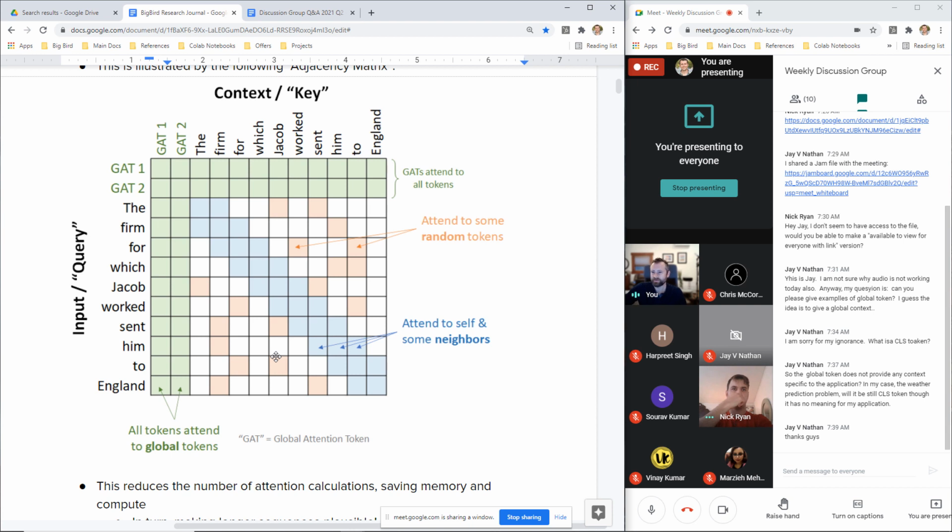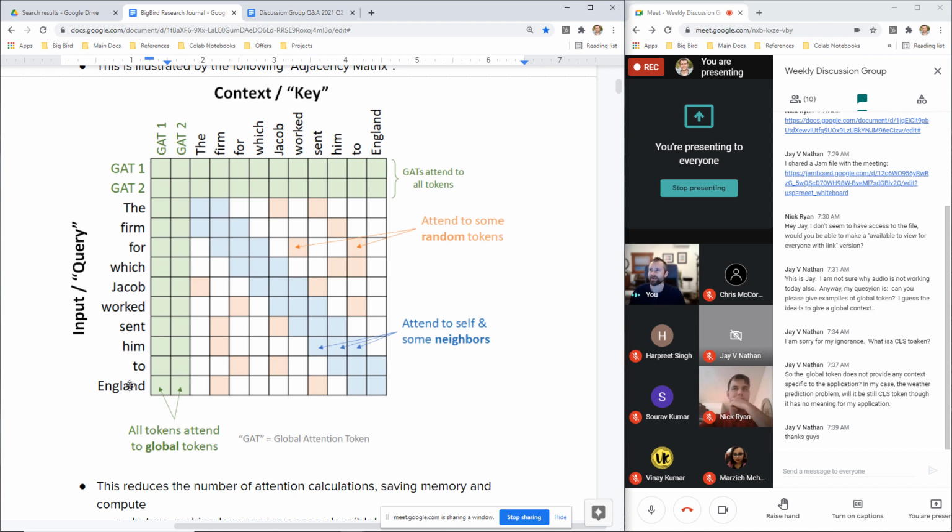Let's see. Are there any illustrations that would help for this? The adjacency matrix represents which attention calculations to perform. But the first step is to take all of the tokens in the sequence and multiply their embeddings against the query matrix, the key matrix, and the value matrix, right?